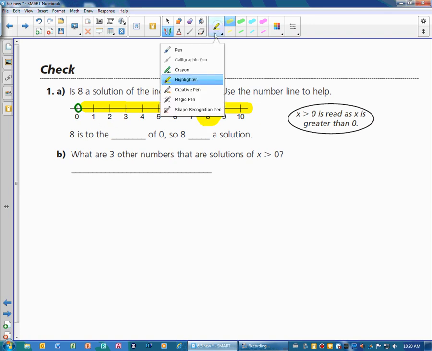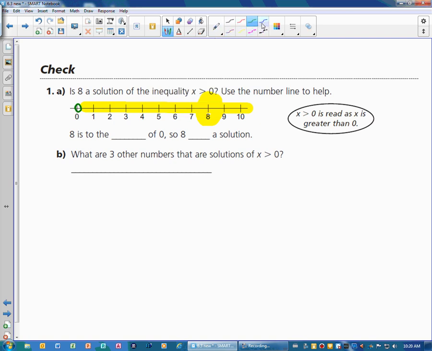Oops, let's get a pen going. There we go. Here's 8. And 8 is to the right of 0. So, of course, 8 is the solution, because 8 is greater than 0.